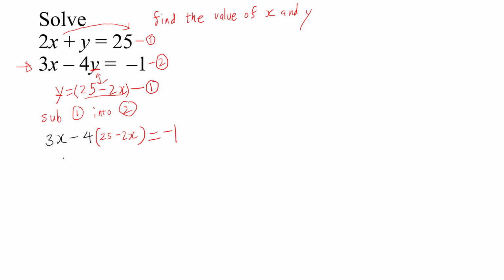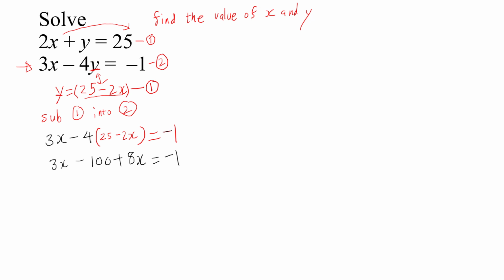So what we have to do next is just to simplify the equation. Minus 100 plus, because negative times negative gives me positive, 8x, equals to minus 1.